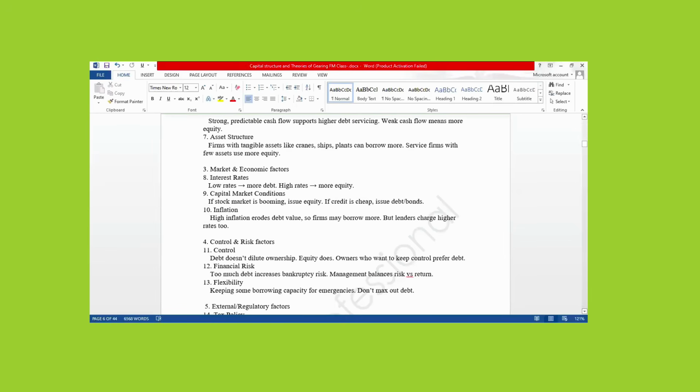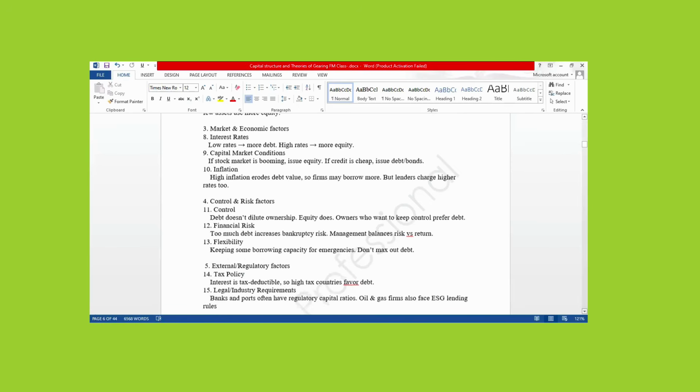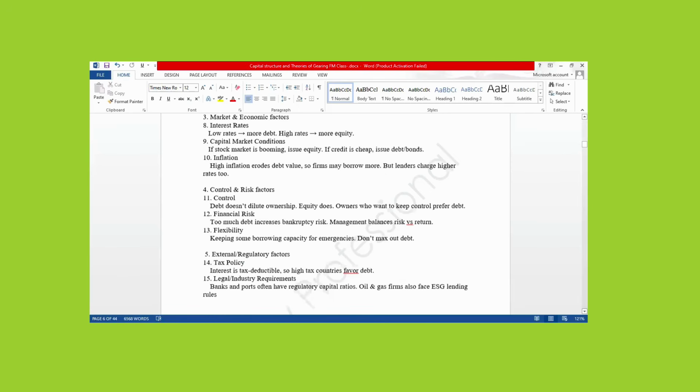If a company borrows too much, the company should exercise caution with borrowing. Borrowing should be kept for emergency purposes. Some borrowing capacity should be maintained for an emergency period.